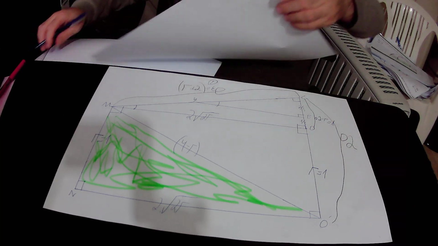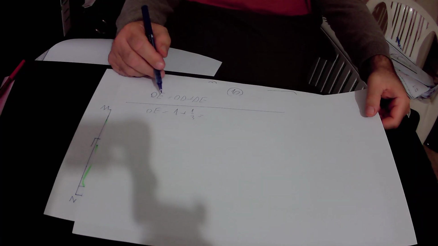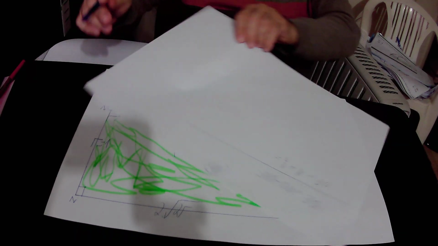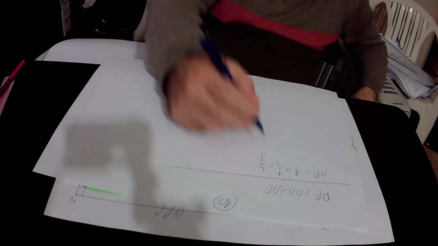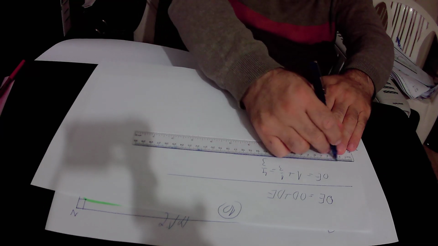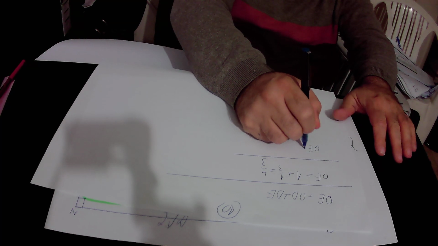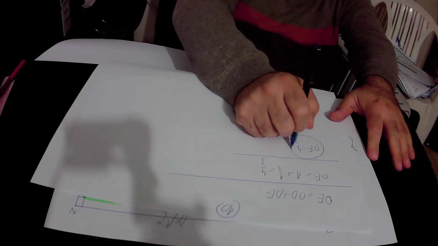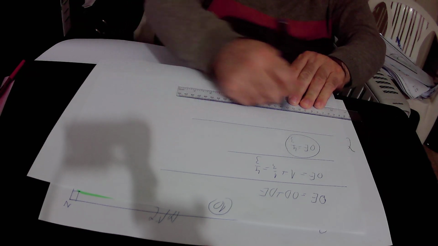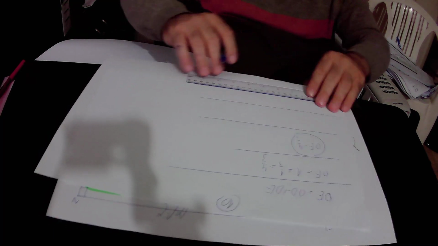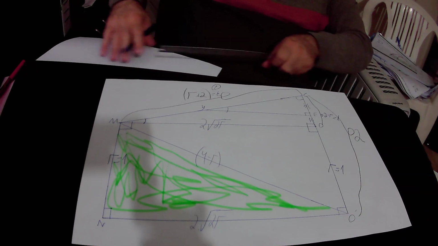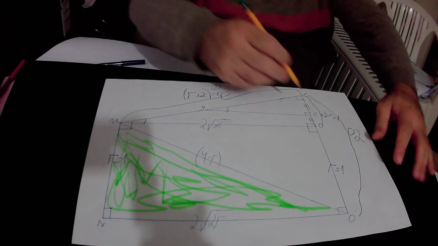So OE equals 1 plus a third, that is to say it equals 4/3.